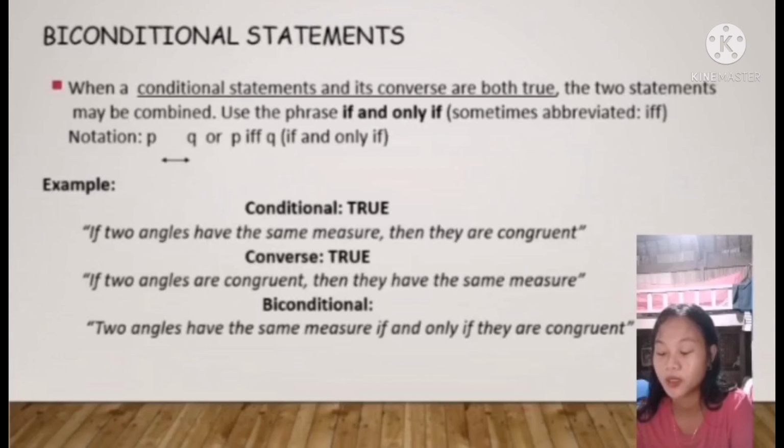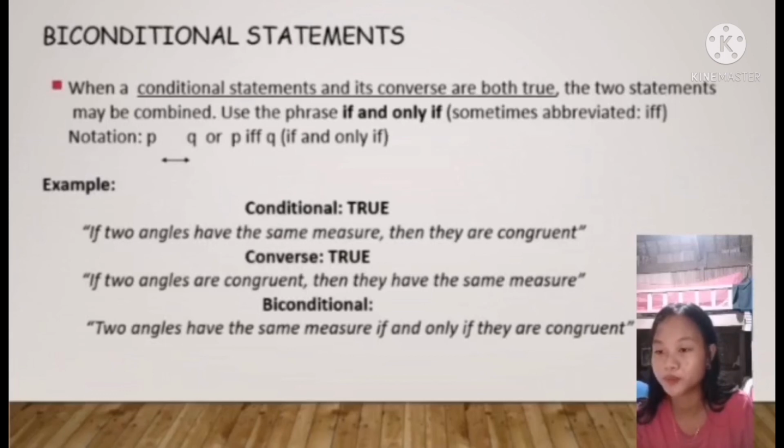So, meaning, the biconditional will only be true if the conditional statement and the converse statement are both true. For example, this is a conditional statement. Conditional true: if two angles have the same measure, then they are congruent.